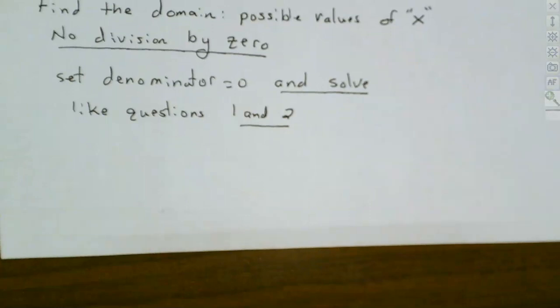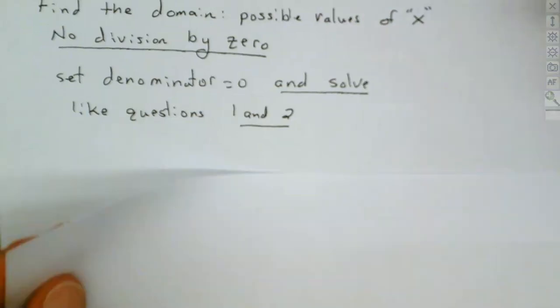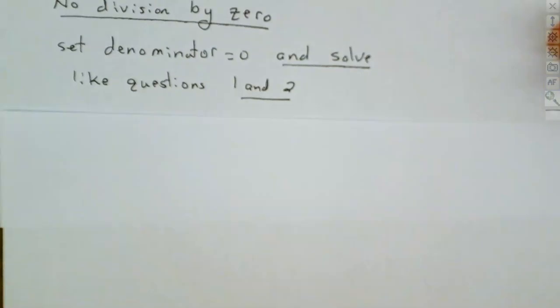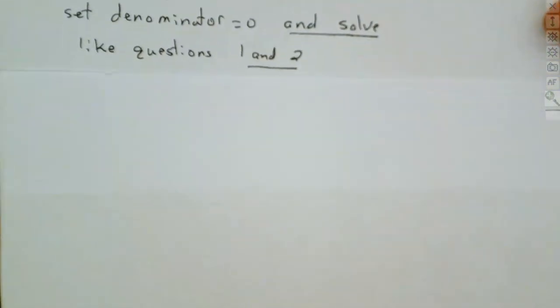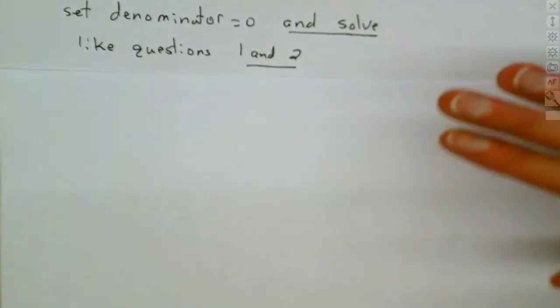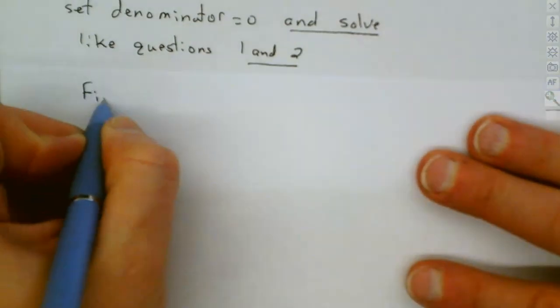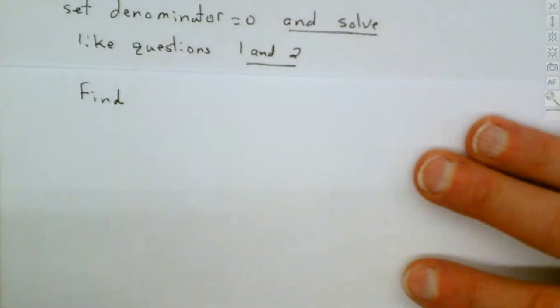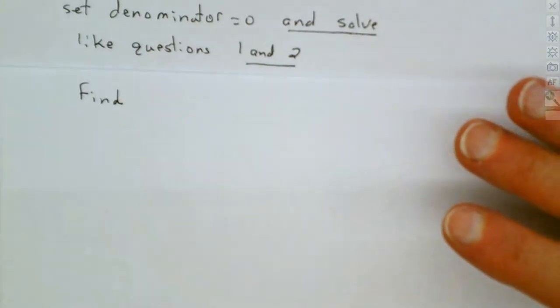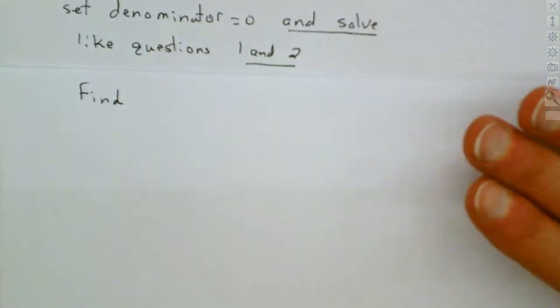So we're going to be looking at finding the numbers that won't work. Find the values of x that are not part of the domain. And again, we do that by setting the denominator to 0. So we'll do a couple of these. I'll use the same basic directions here.